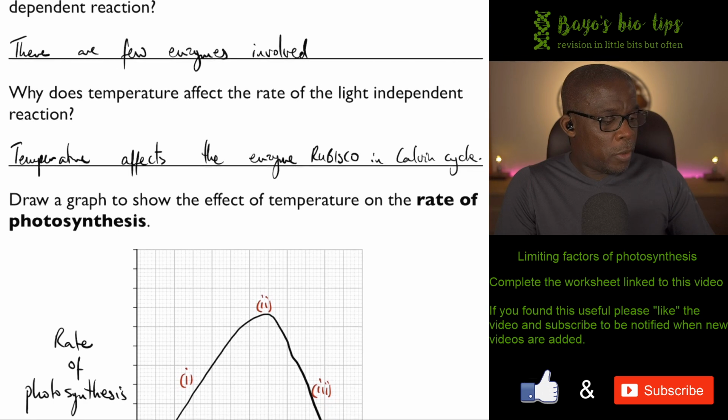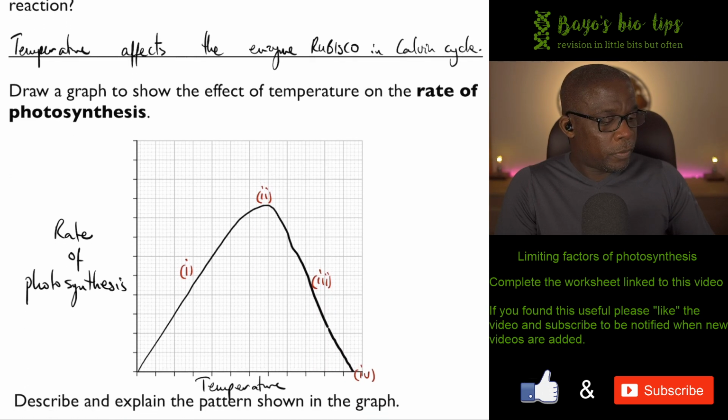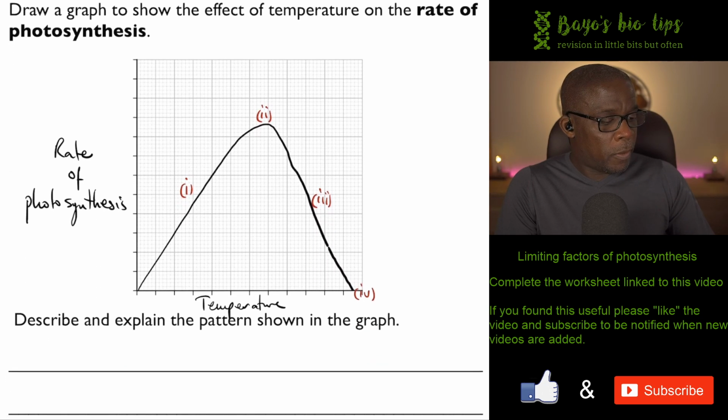So if we were to draw a graph of the effect of temperature on the rate of photosynthesis, you'd end up with something that looks a bit like this. Initially, the rate will increase. That's step 1 in red, and that's because there'll be more collisions between the different molecules, and as such, the reaction will proceed faster.